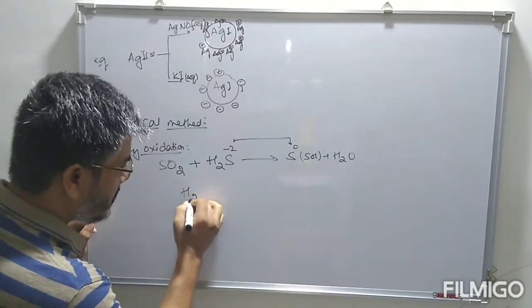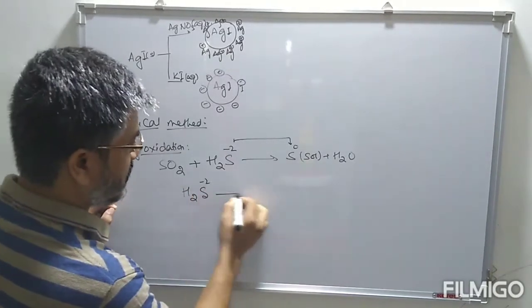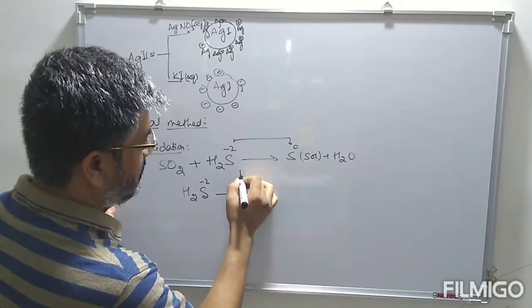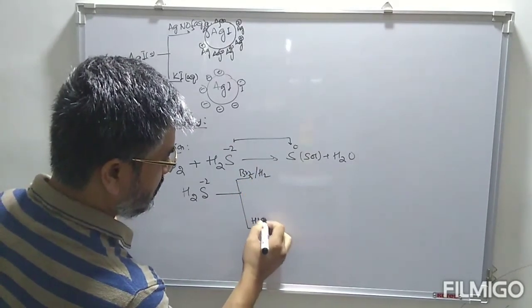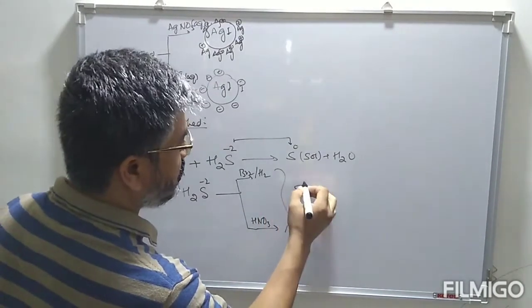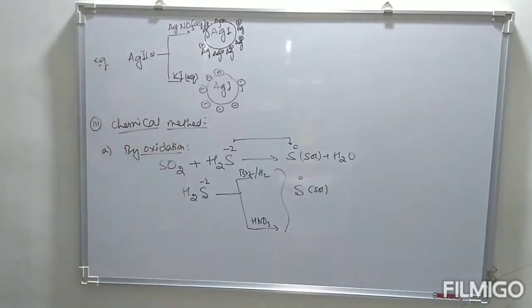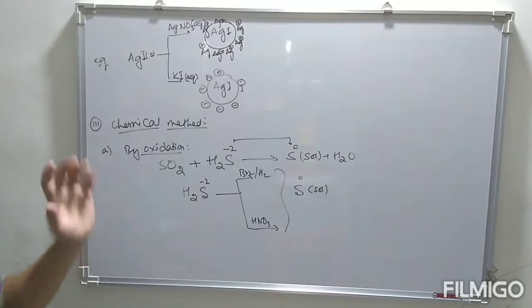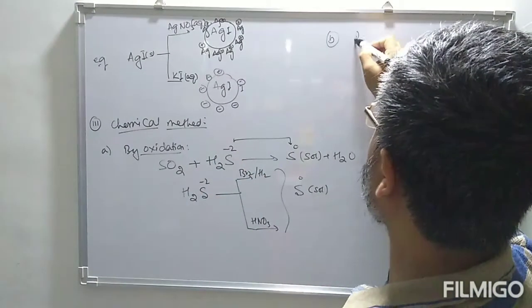We can also take H2S with bromine water or nitric acid. In both cases, this is converted into sulfur sol. So minus 2 is oxidized to 0. This is the oxidation method. If you have oxidation method, then there is a possibility of reduction.